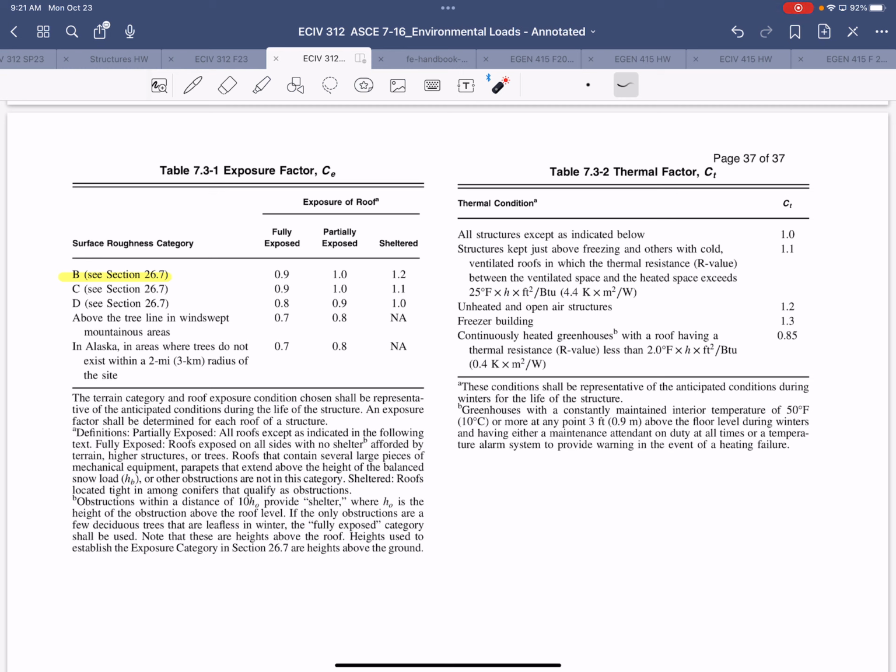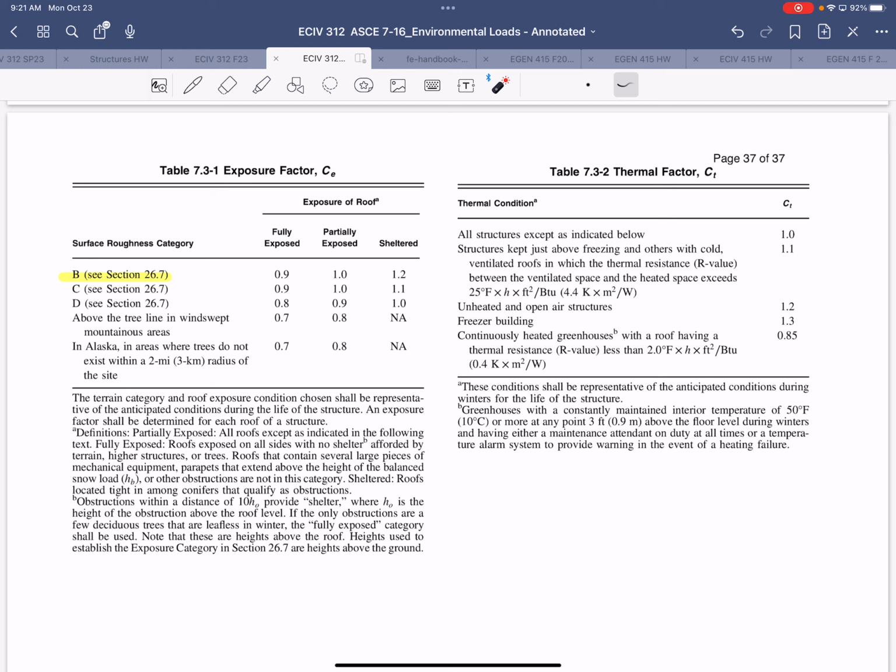So you can see that B has the highest factors in the table. So now we have to identify the exposure of the roof. Based on the description provided that we have coniferous trees planted around the building but no adjacent structures, what would be an appropriate guess? That's it, partially exposed?